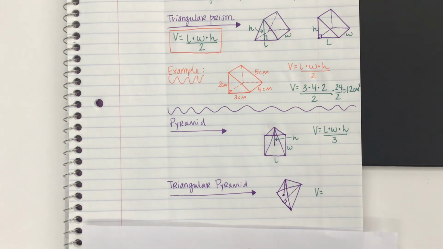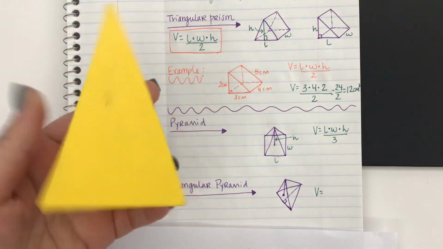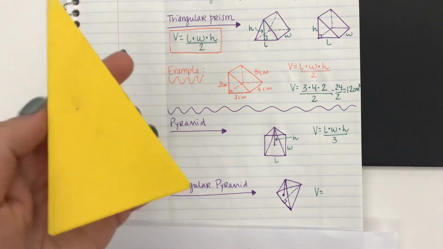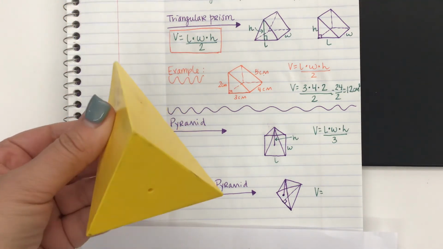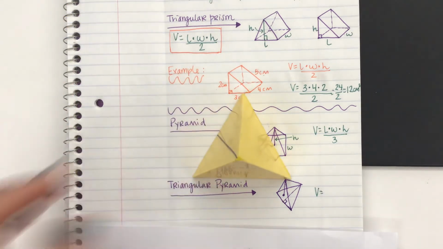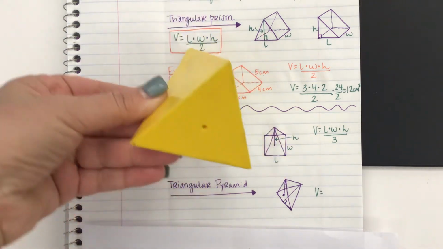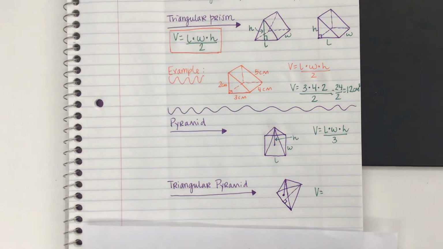Now the triangular pyramid, I actually have an example of it. It's really hard to draw, you guys. I had a really hard time drawing that. So if you don't know how to draw it, that's totally fine. But this is an example of a triangular pyramid. If it stands, it's just a pyramid with the point at the top, but the base is also a triangle.